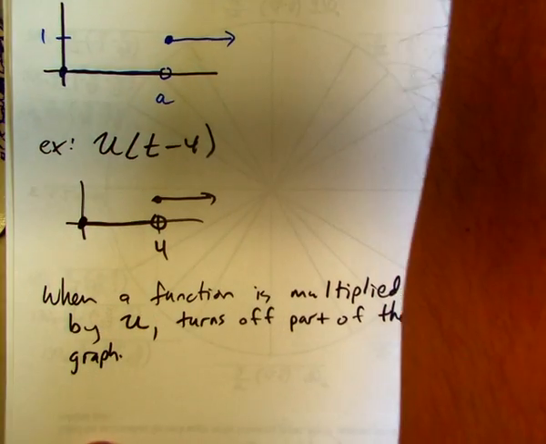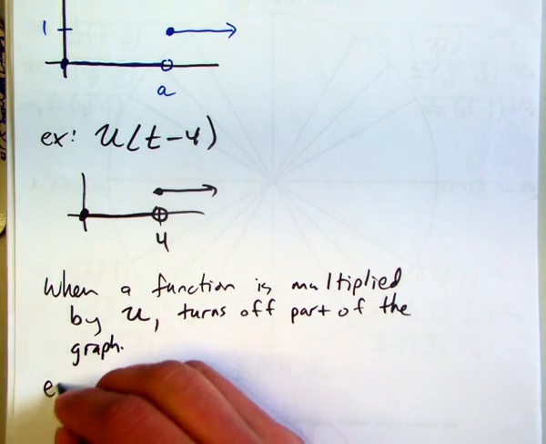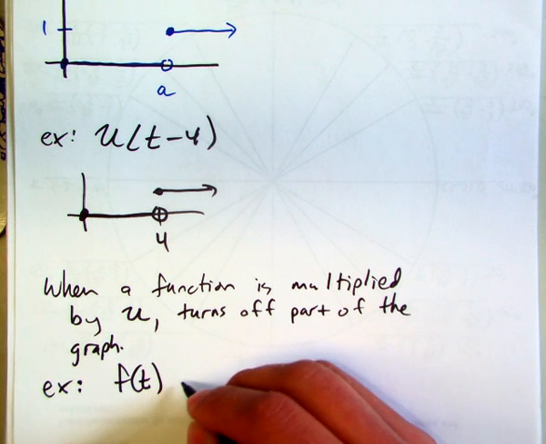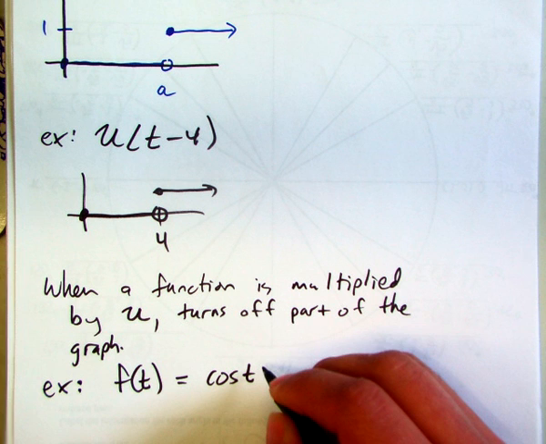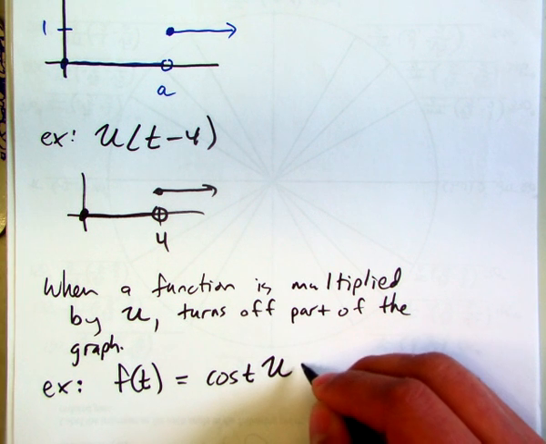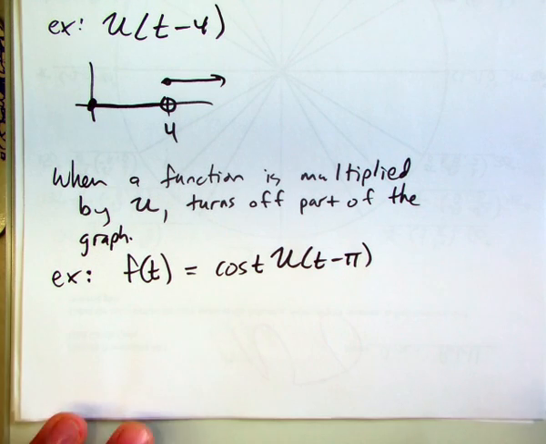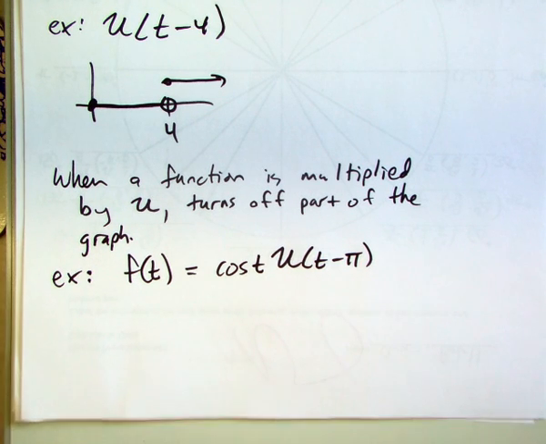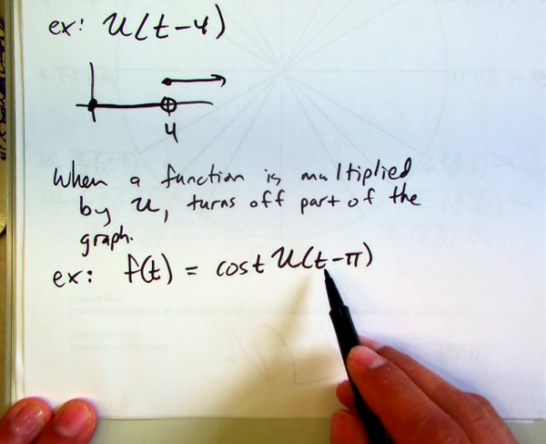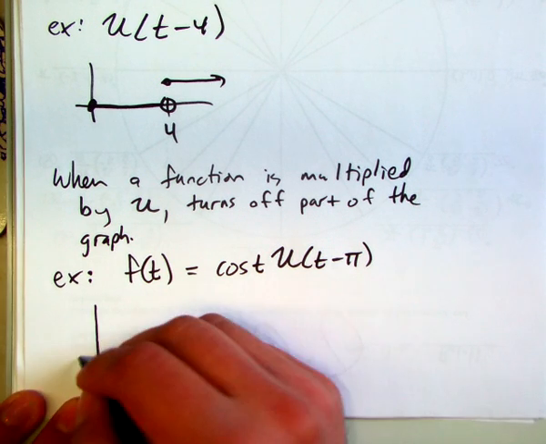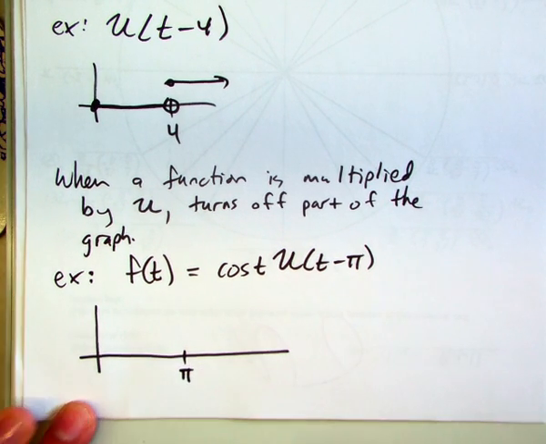So if we did an example and we defined f of t as cosine t times u of t minus pi, without having to go through the whole, here are the two separate pieces, all this means is that cosine doesn't get turned on until when? Until pi. So until pi, we got nothing.